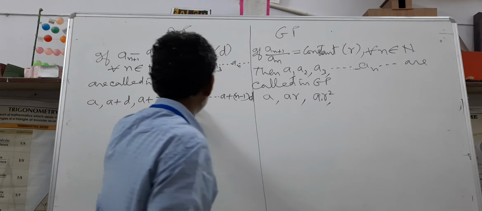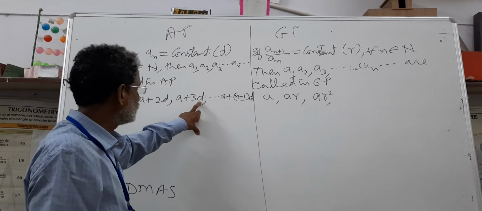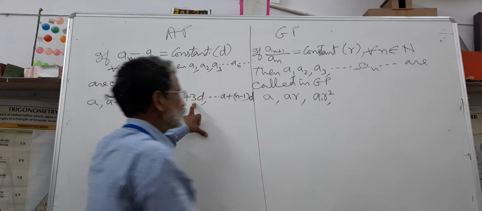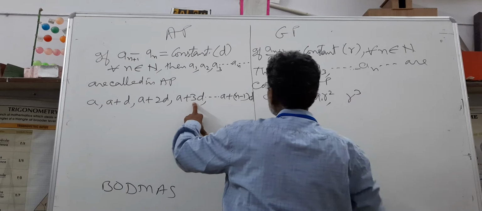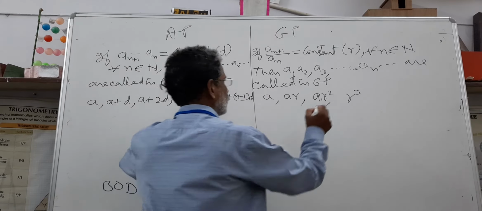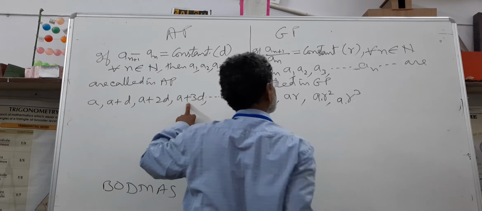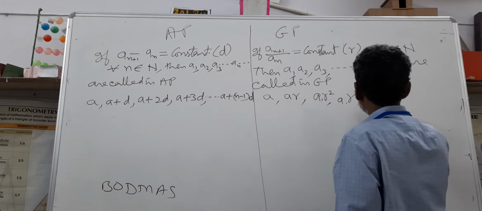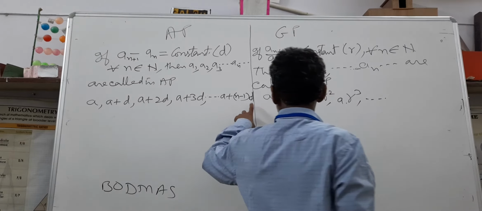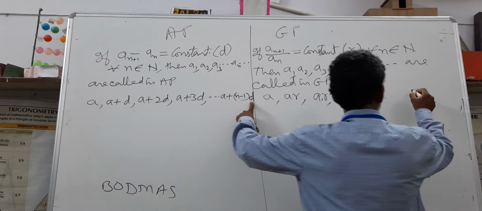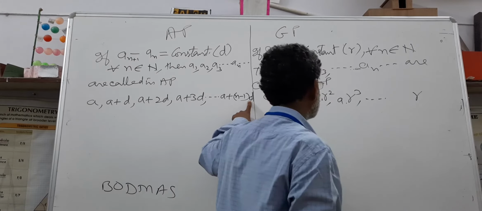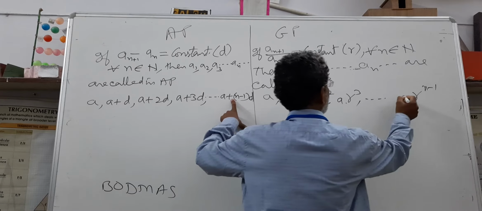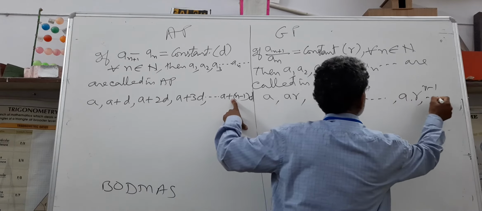Next, the fourth term is a plus 3d. d changes to r, 3 is multiplied, changes to power r cubed, plus changes to product a. ar cubed is your fourth term. Here d changes to r, product changes to power, and plus changes to product. This is your nth term.